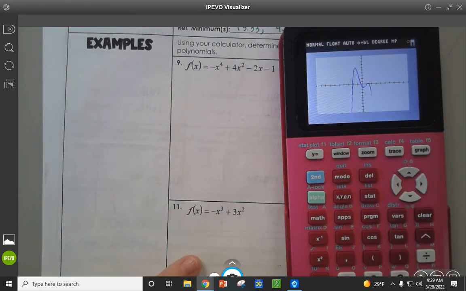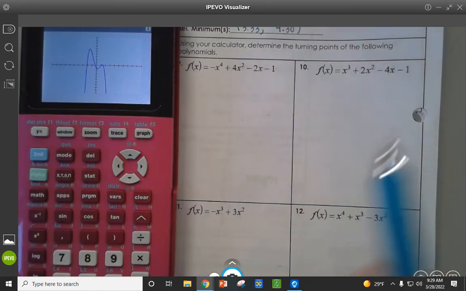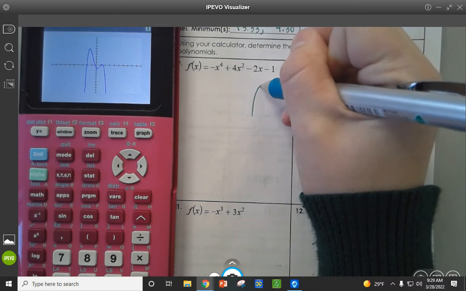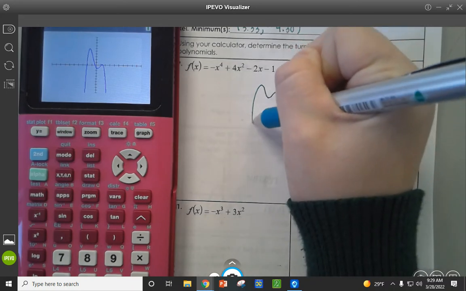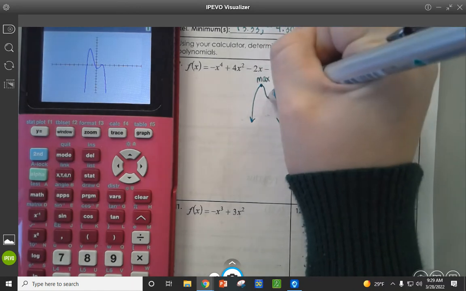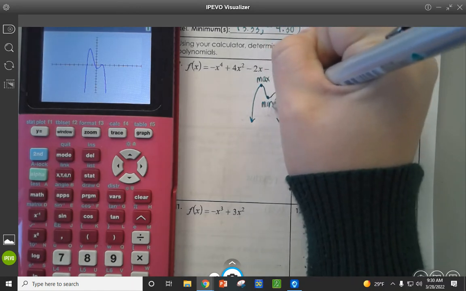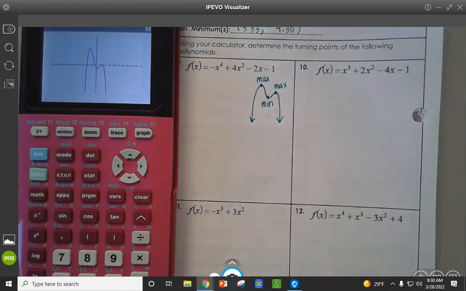Hit your graph so it'll draw it in. And I do want you to sketch out the shape of it. It doesn't have to be perfect, and write if it's a max or a min, because I want you to get really good at recognizing what's what.